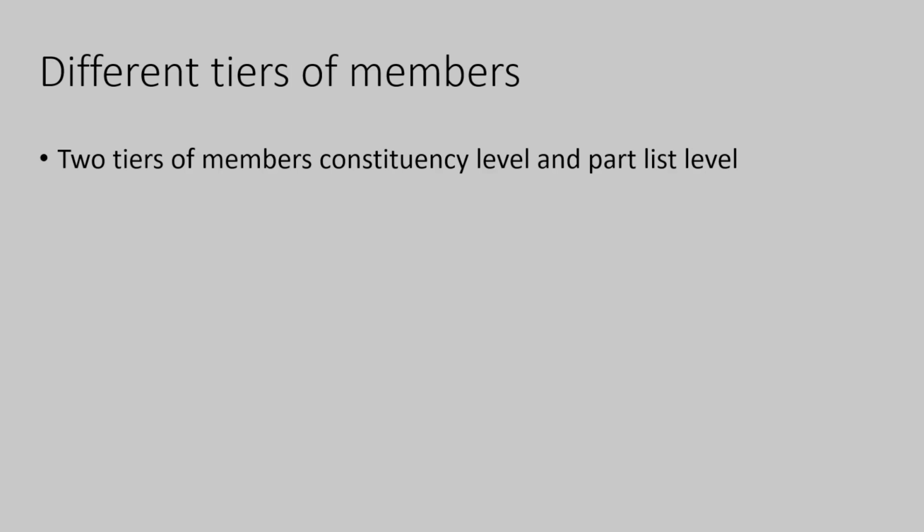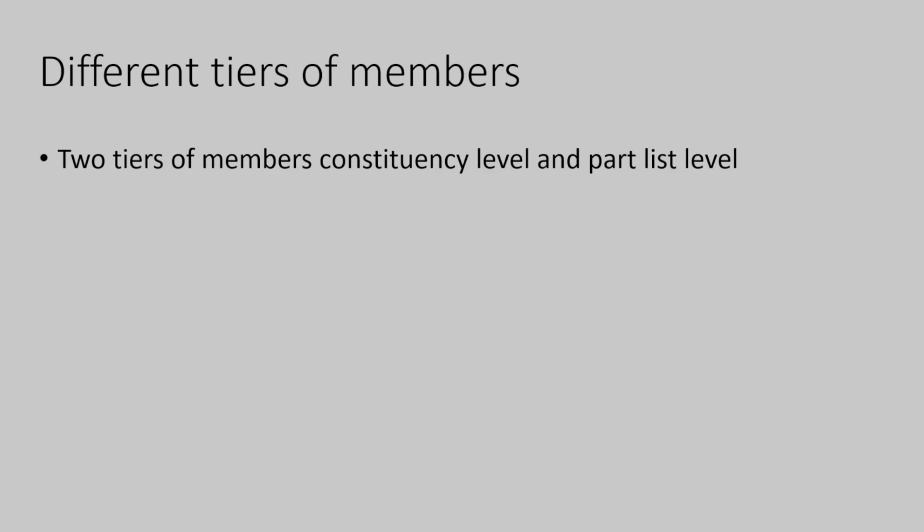But again, the general trend continues. The party list MPs have different considerations than constituency level MPs. They have different election methods, they have different priorities, and they have different re-election thought processes.